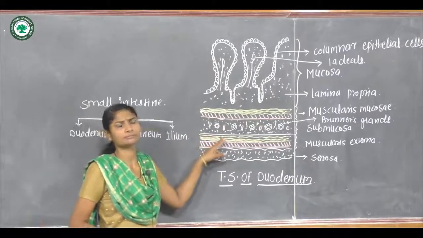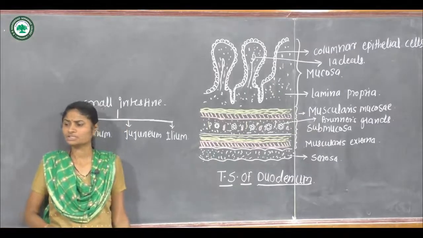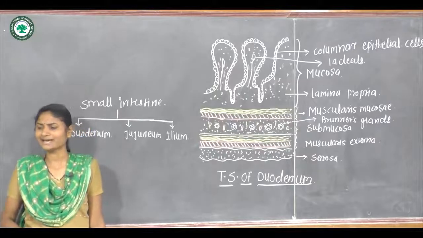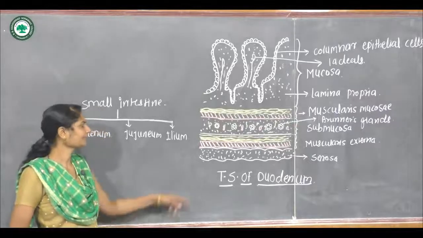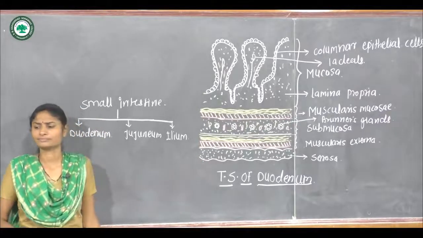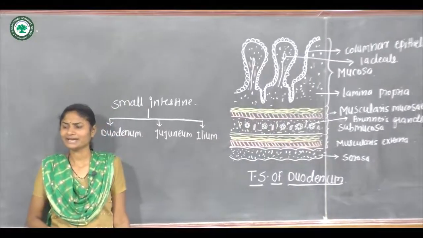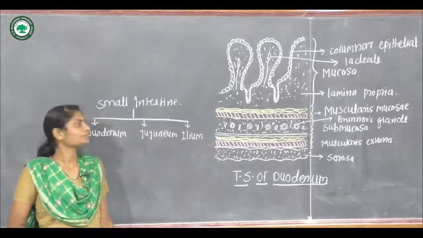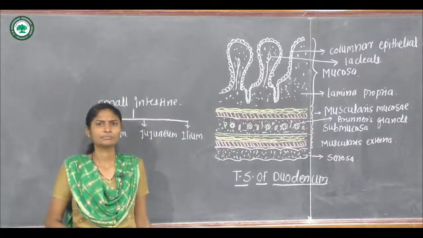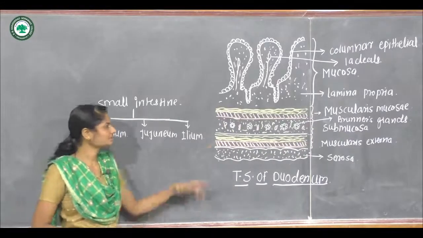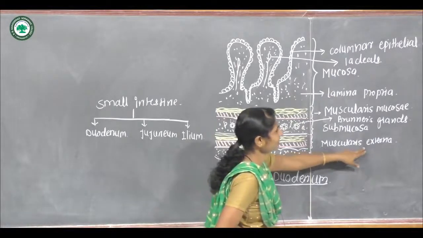Inner circular muscle fibers are responsible for increase and decrease of diameter of the duodenum, and outer longitudinal muscle fibers are responsible for shortening and lengthening of the duodenum.